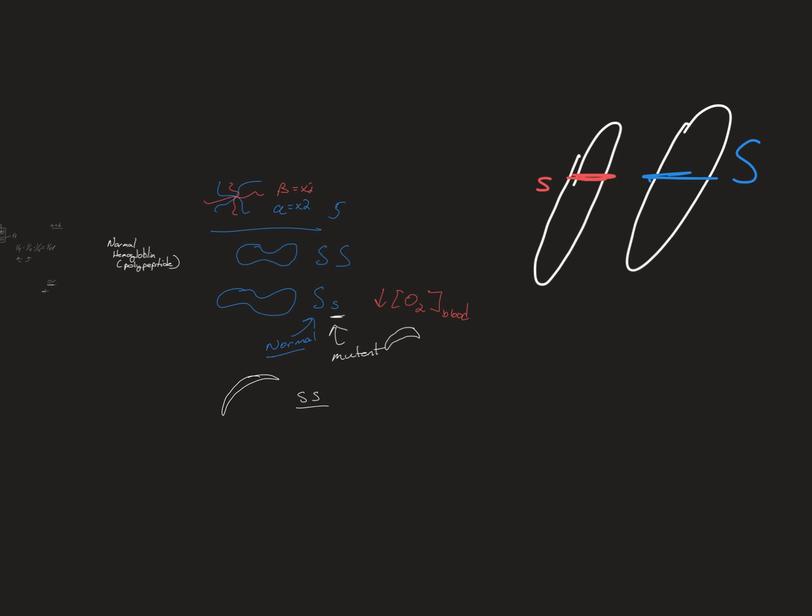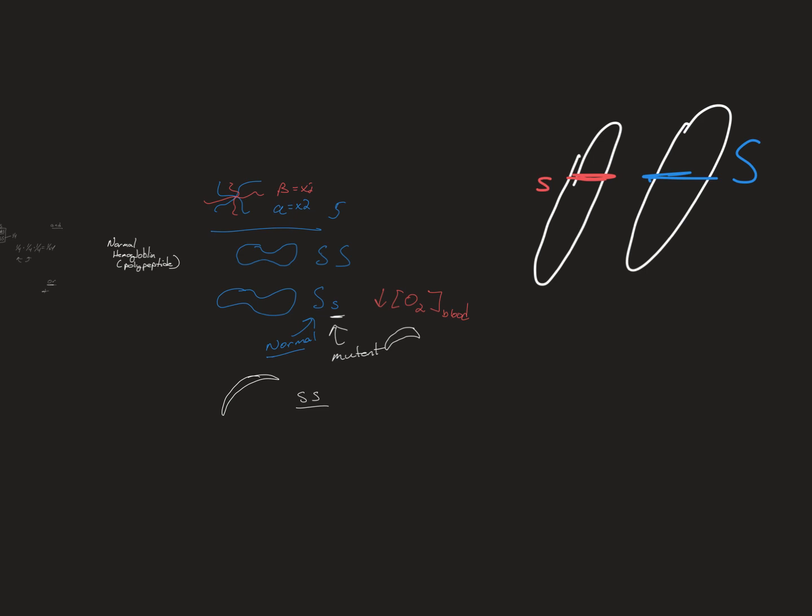So let's reread the question. What are the chances that these parents will have 3 children who have both normal and mutant hemoglobin? What does that look like if they have a normal and mutant? Listen to what I'm saying.